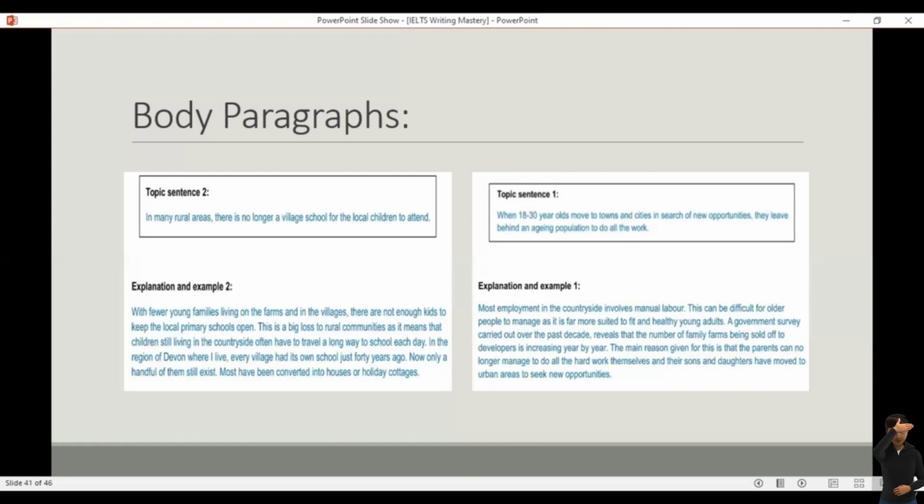In the region of Devon, where I live, here the student is writing his own example. Every village had its own school just 40 years ago. Now only a handful of them still exist. Most have even been converted into houses or holiday cottages. So that's the reality. So now we are done with our body paragraph 1 and body paragraph 2.